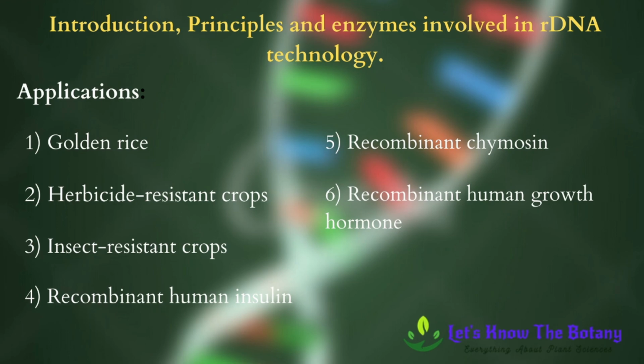As far as applications of this technology are concerned, with its help we can produce golden rice, which is a recombinant variety of rice that has been engineered to express the enzymes responsible for beta-carotene biosynthesis. This variety of rice holds substantial promise for reducing the incidence of vitamin A deficiency in the world's population.